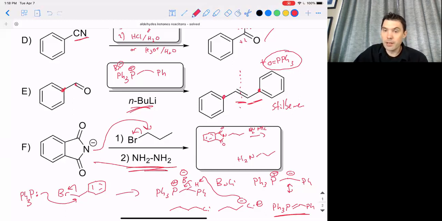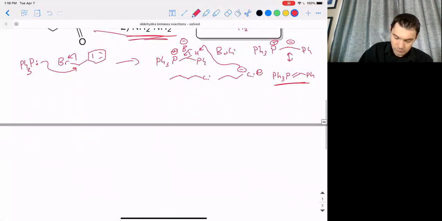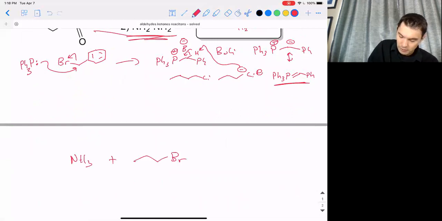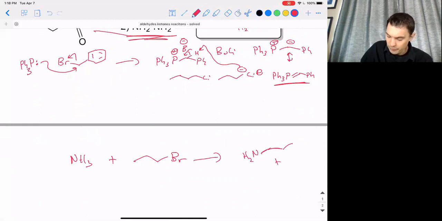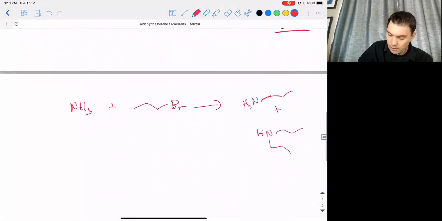The reason that you use the Gabriel synthesis, remember, is if you take regular old ammonia plus propyl bromide, you end up with a mixture of your primary amine. Then you can end up with some secondary amine. You can end up with some tertiary amine.